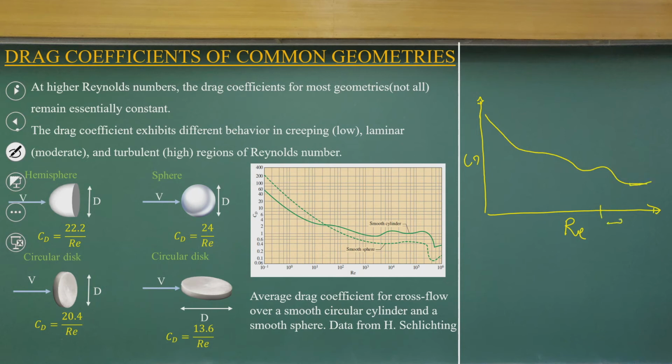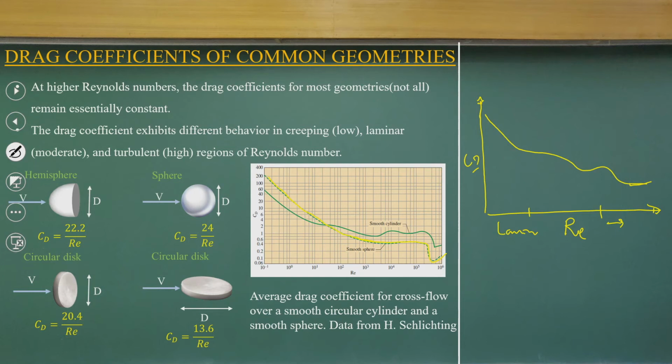Beyond this there is turbulence, and there are the laminar regions. The drag coefficient really varies between the creeping flow, the laminar flow, transition and turbulence, and then it decreases again. This is the linear part, followed by these parts.